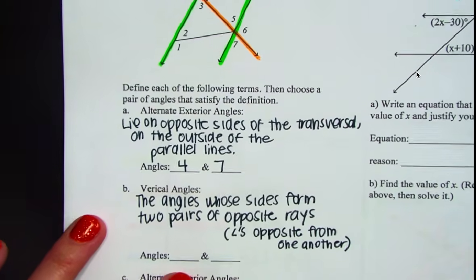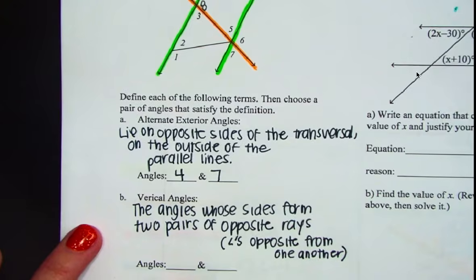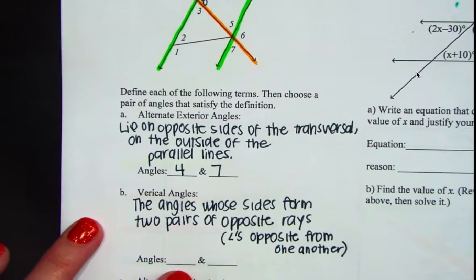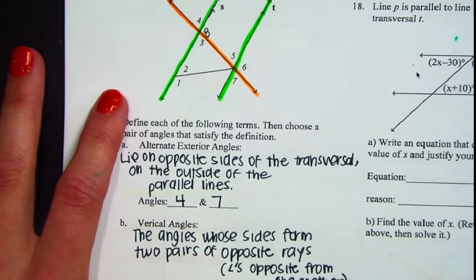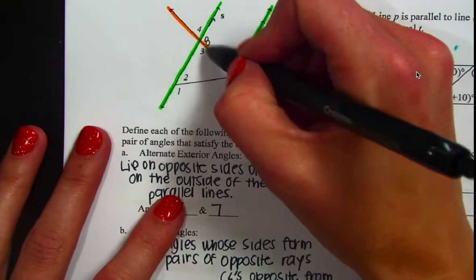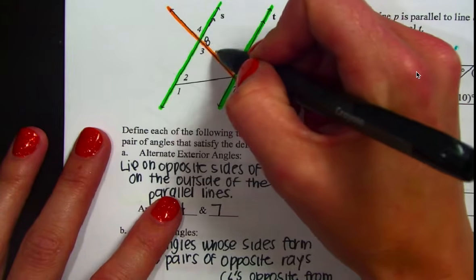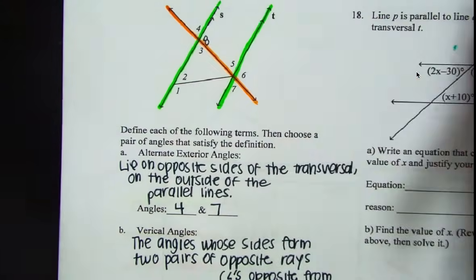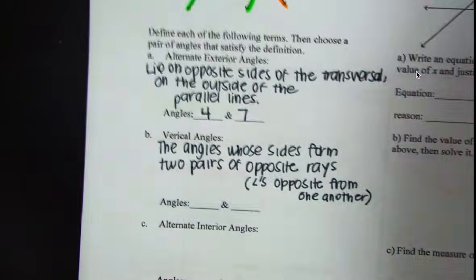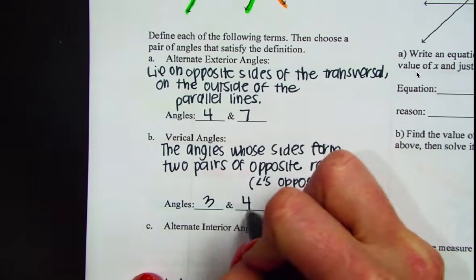So if we look back at our figure, we can see two angles whose sides are formed by opposite rays. That would be this part right here. And vertical angles would be angle 3 and angle 4 because they're opposite from one another. So angle 3 and angle 4.